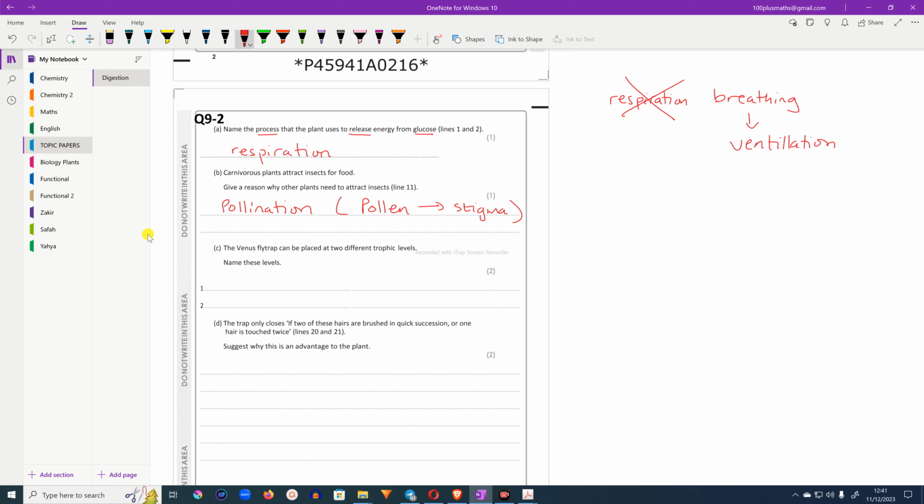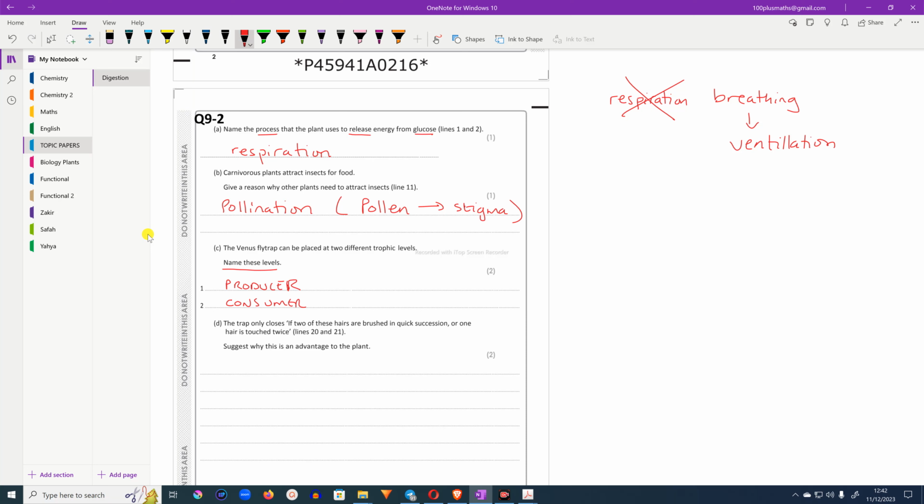Okay, there you go. The Venus flytrap can be placed in 2 different trophic levels. Name these. So it can be a producer because it makes its own food as it grows. Producer, and it's also a consumer. So it's a, what would it be? It could be a, yeah, just consumer. So let's have a look at that.